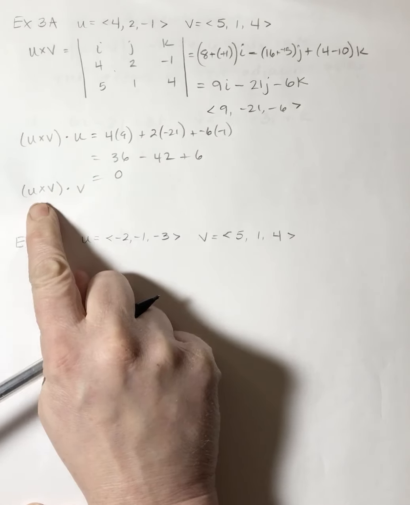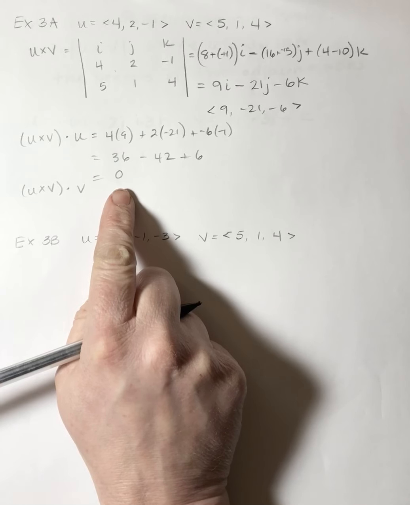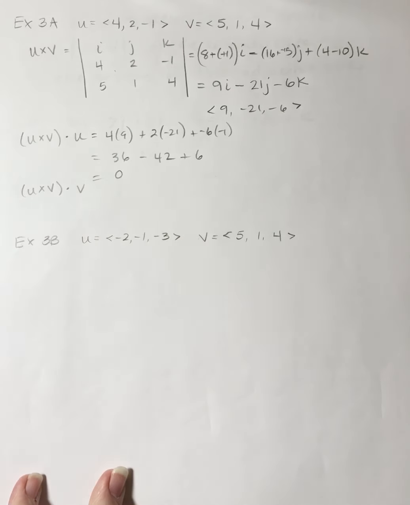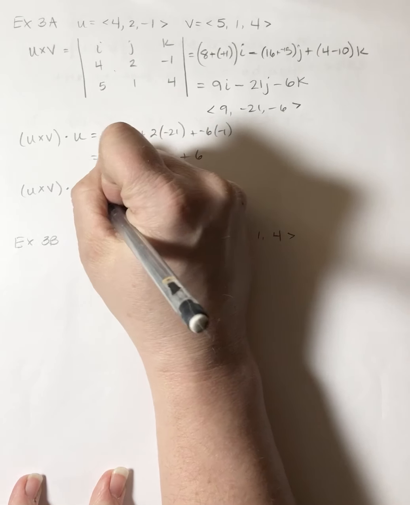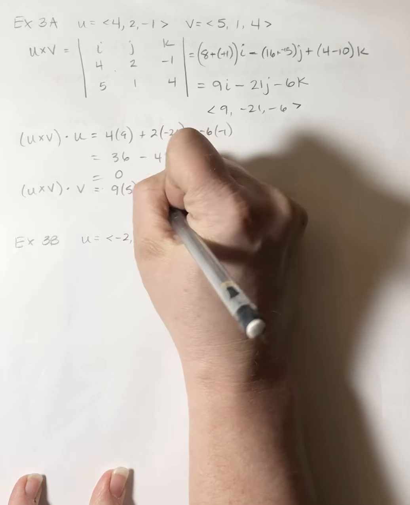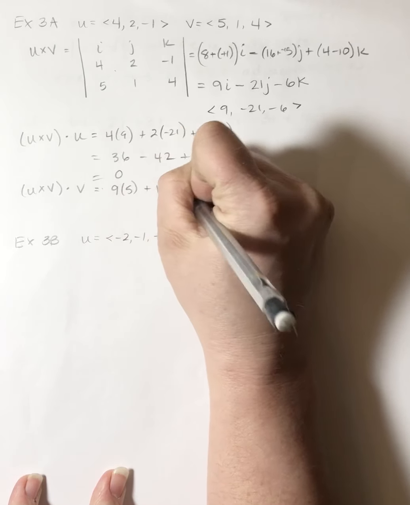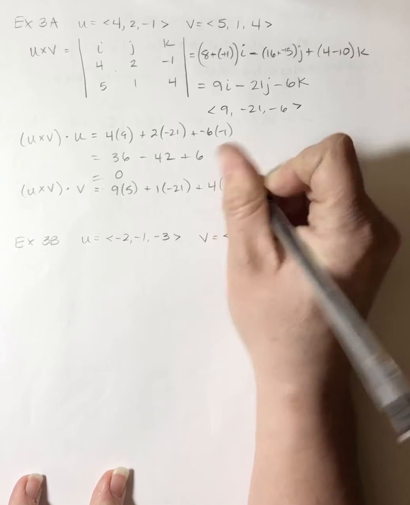And then they want us to do the cross product with v and show again that my dot product is 0. So this one is going to be 9 times 5 plus 1 times negative 21 plus 4 times negative 6.